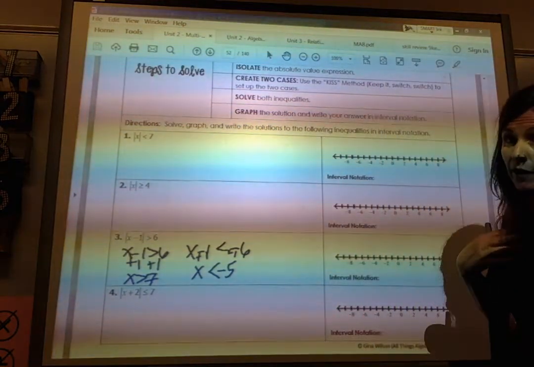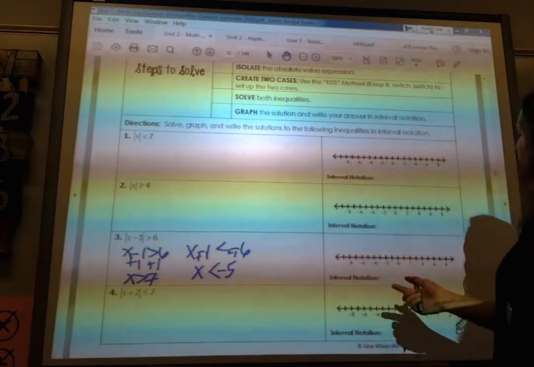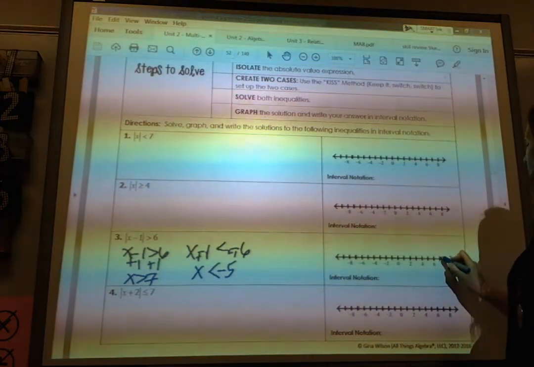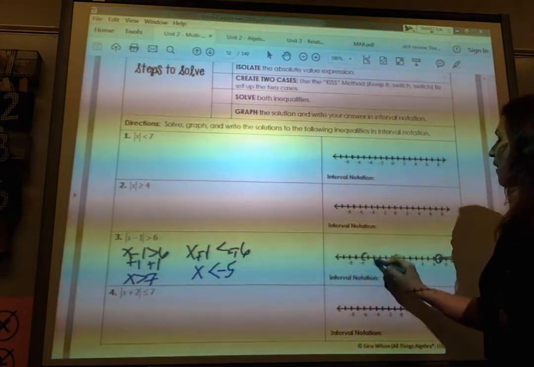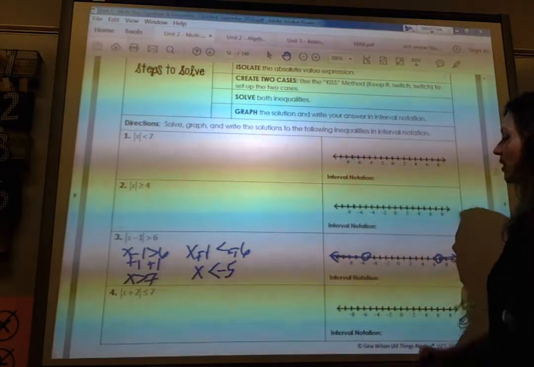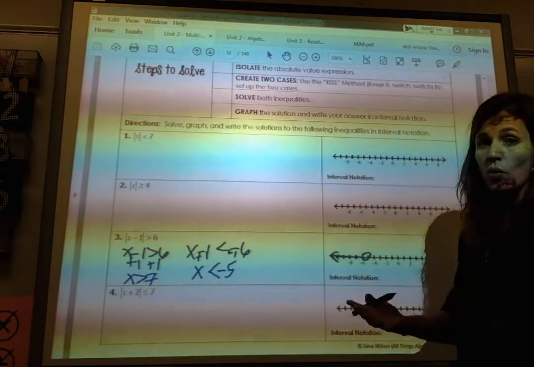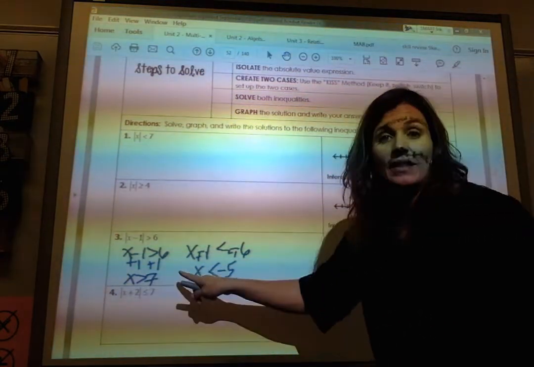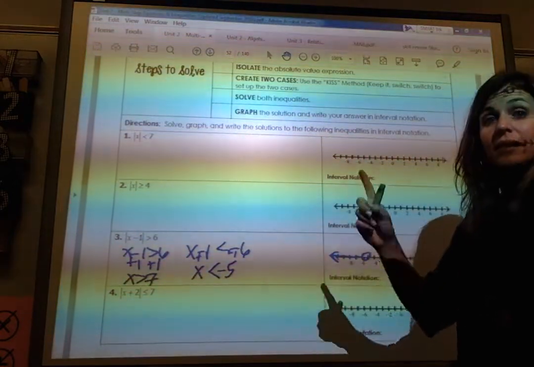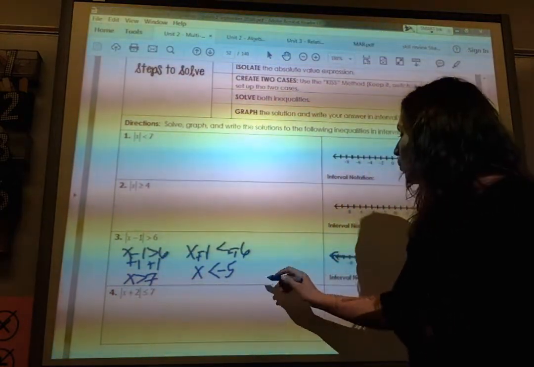So what I do is I graph them first. I'm going to graph where x is greater than 7. It's an open circle. I shade to the right. X is less than negative 5, so open circles shade to the left. So now we have an or statement. So my written notation is going to be just like this, except I put it from least to greatest, and it's separated by the word or.